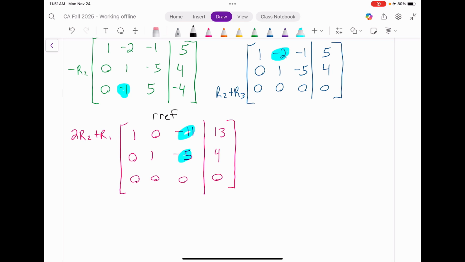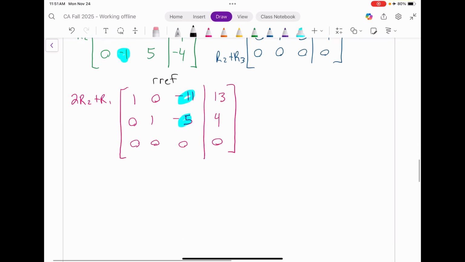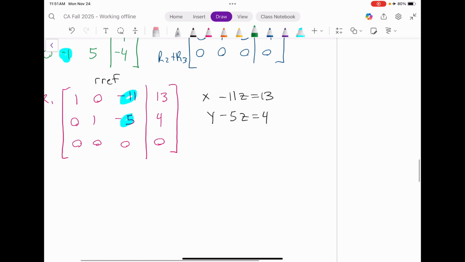And that's as far as we can get. So we stop here, and we translate these first two rows back into equation form. So we got this, and we just isolate x and y in both of them. So we get x equals 11z plus 13, and y equals 5z plus 4.